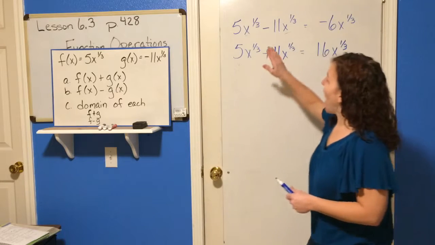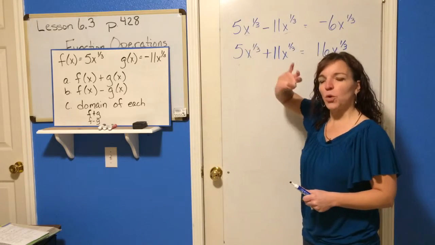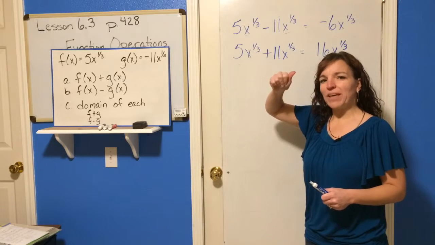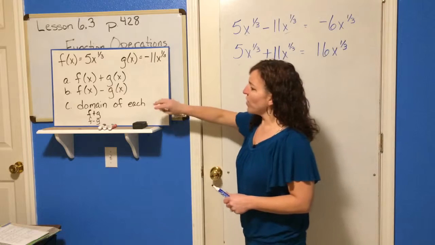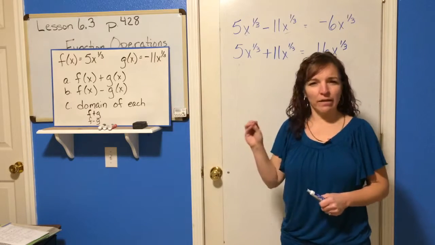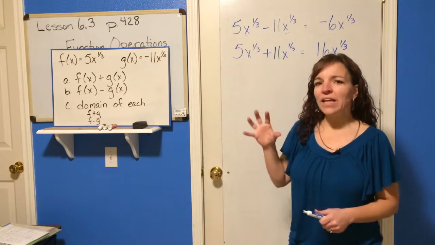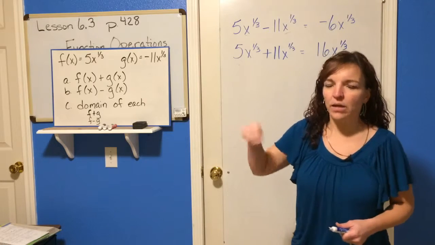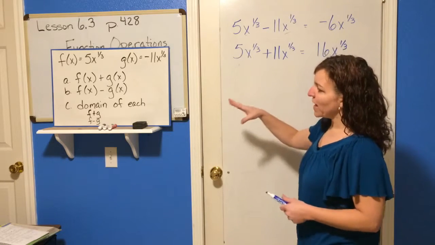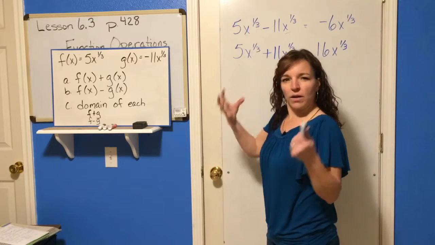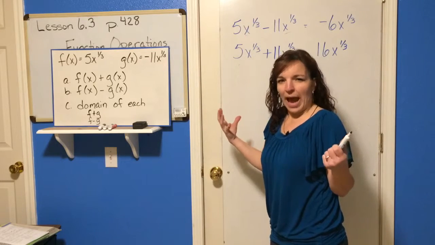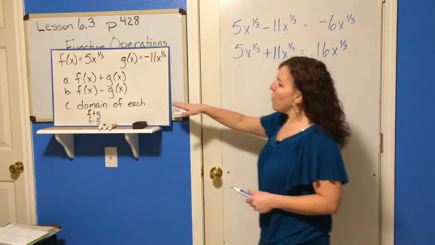It's different when you have a fraction as your exponent, because that means you've got a root involved. So we're going to ask you about the domain in each one of these. The domain is what number can I put in? The domain of a function is what numbers can I put in and get real numbers out.